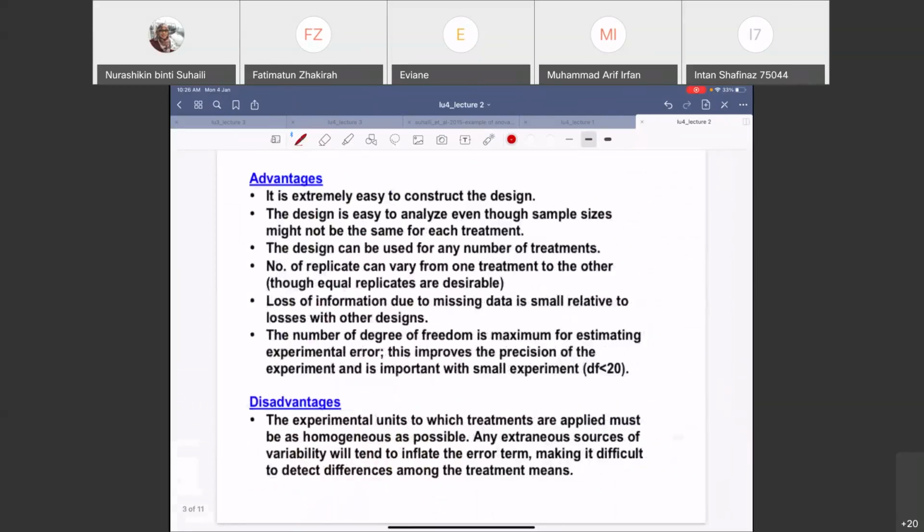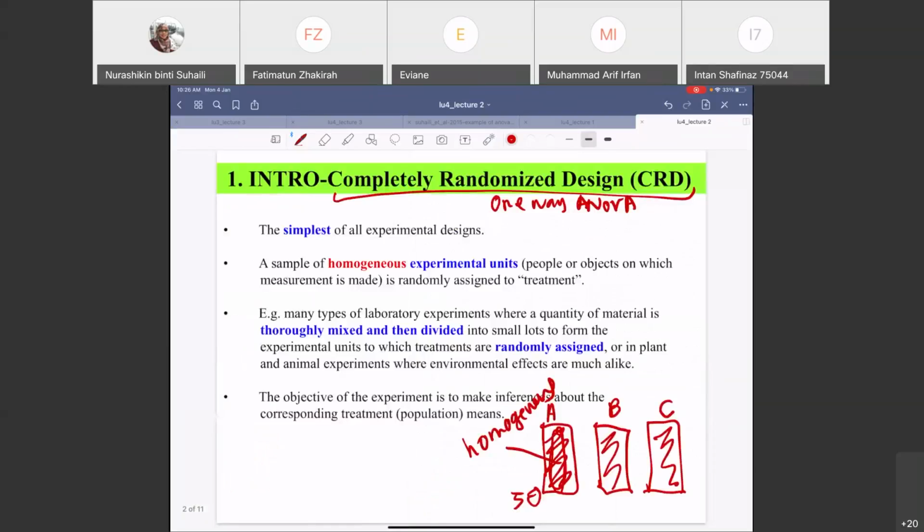So here is some information about the advantages, right? It's easy to conduct actually. If you put the blocks year 1, year 2, year 3, although it will benefit you at the end, it will complicate you when you collect the data.